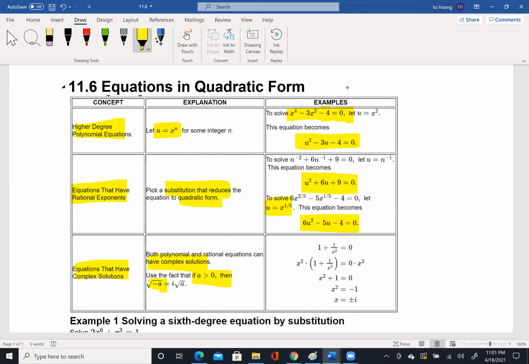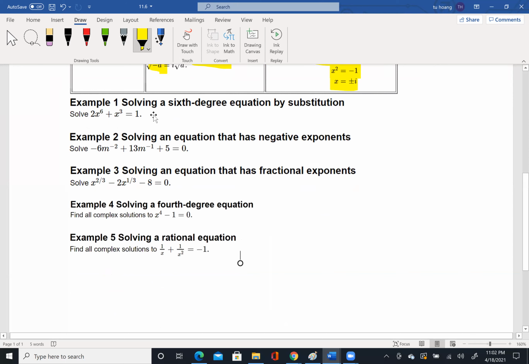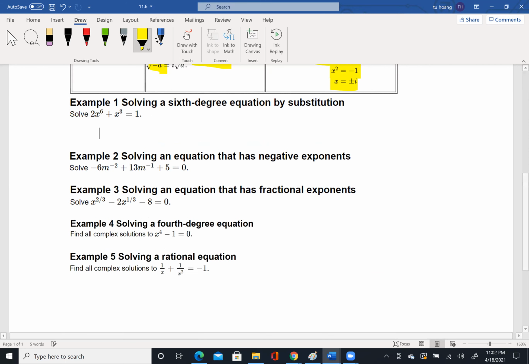For example, I have 1 plus 1 over x squared equals 0. Then I multiply by x squared and have x squared plus 1 equals 0, then x squared equals negative 1, and that means x equals plus or minus i. Okay, so let's move down and see how to solve some examples.